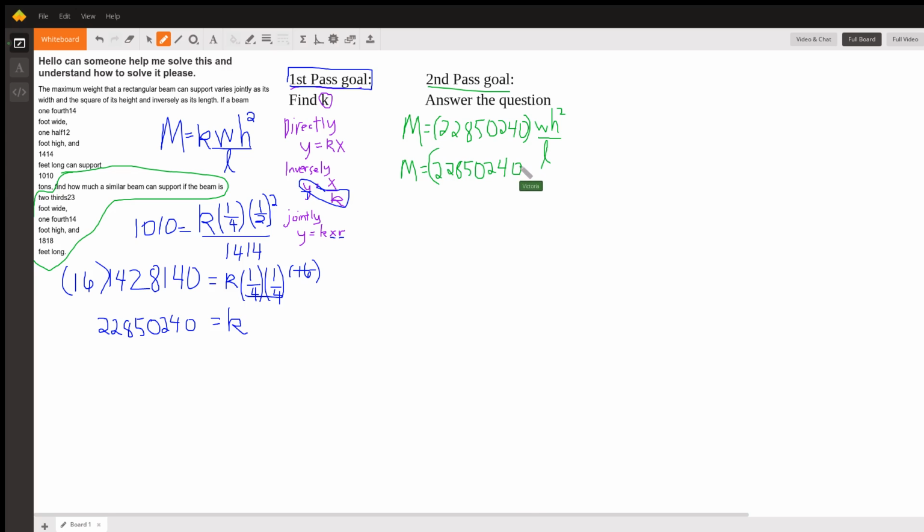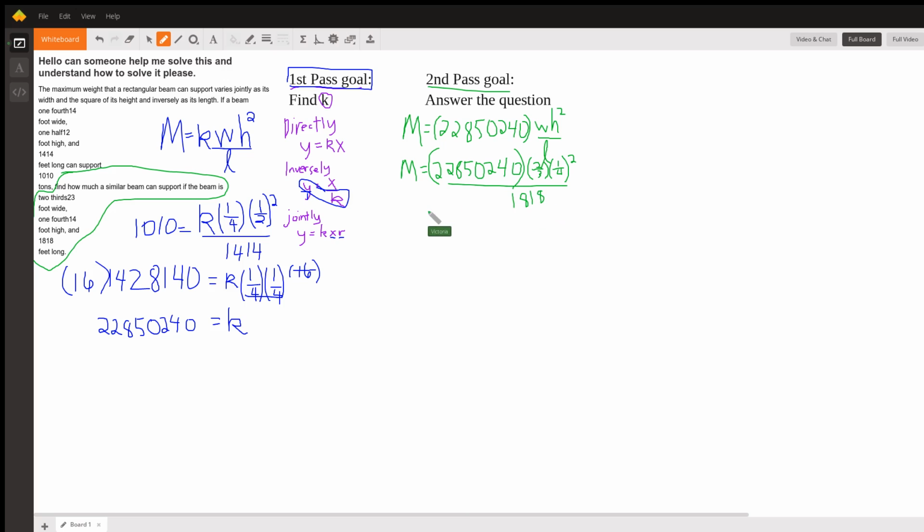So the new beam has a width of 2/3 of a foot. It has a height of 1/4 of a foot. And we're dividing by its length.